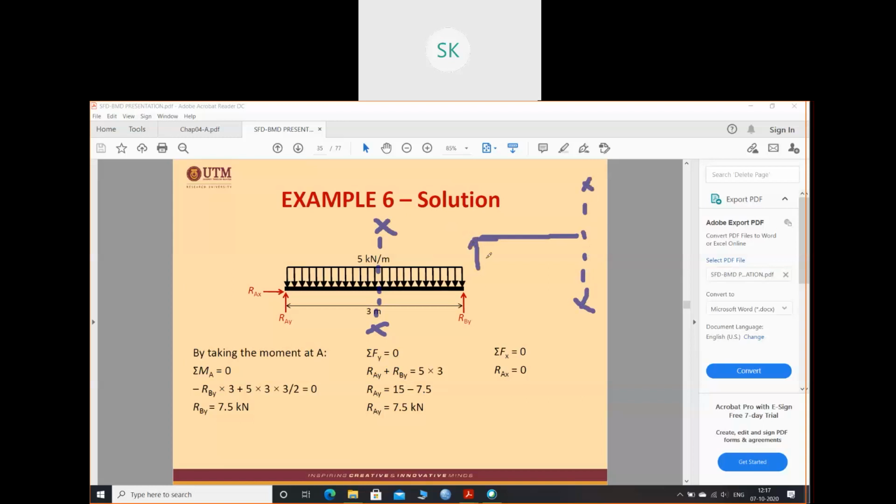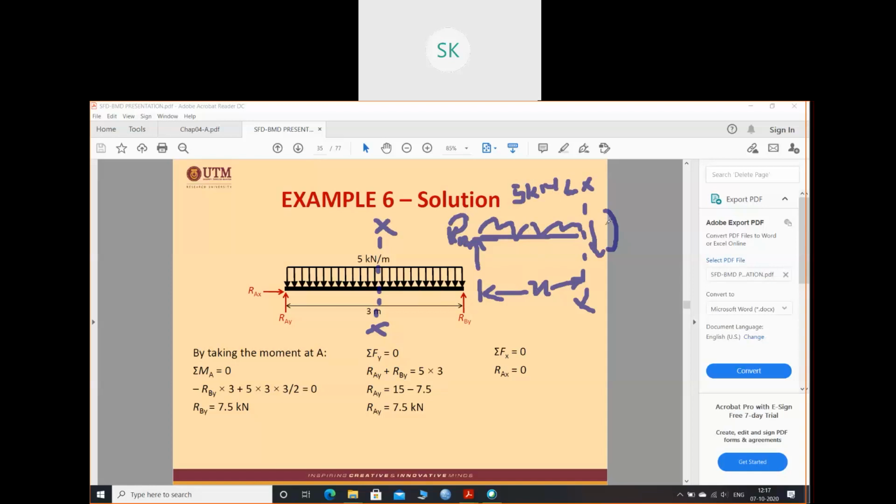This is at a distance of x meter. This is the UDL, which is 5 kilonewton per meter, and you have RA here.